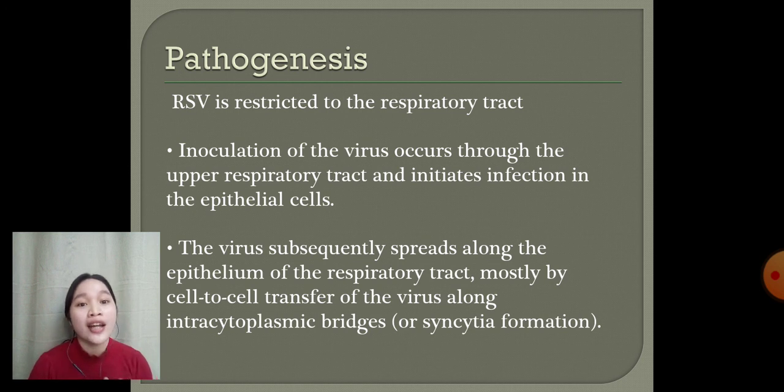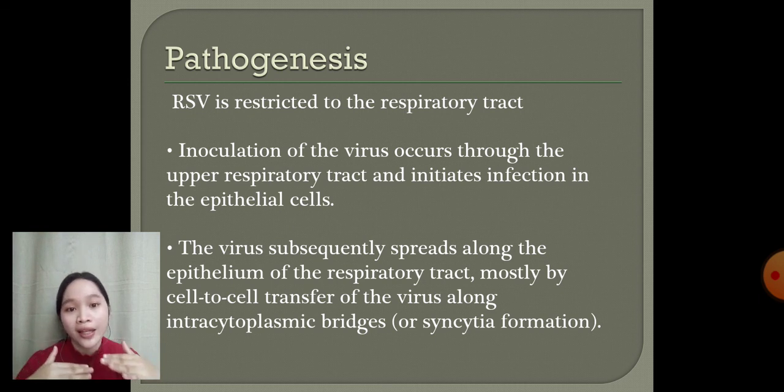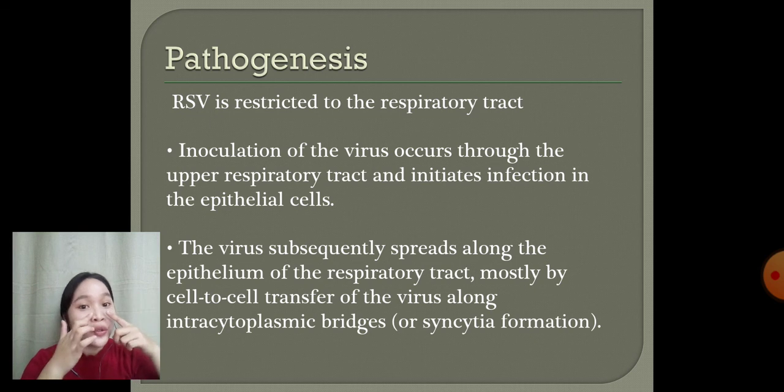So this RSV inoculates first in our upper respiratory tract. Our respiratory tract is composed of two, yung upper tsaka yung lower. Yung upper natin is composed of yung nasal, pharynx, and the larynx. So doon siya mauuna na mag-inoculate, papasok siya sa ating epithelial cells at doon siya mag-i-infect.